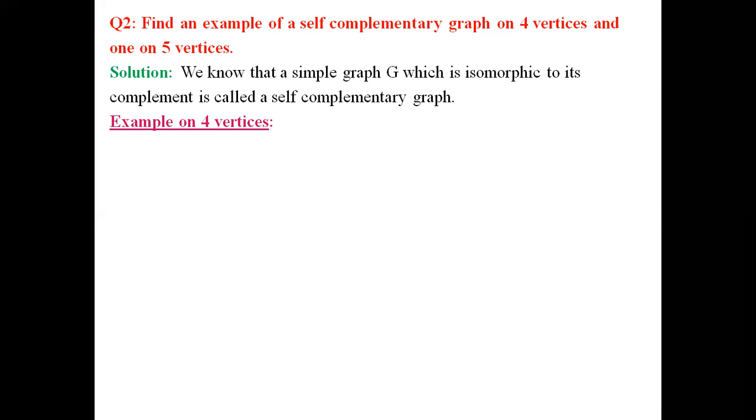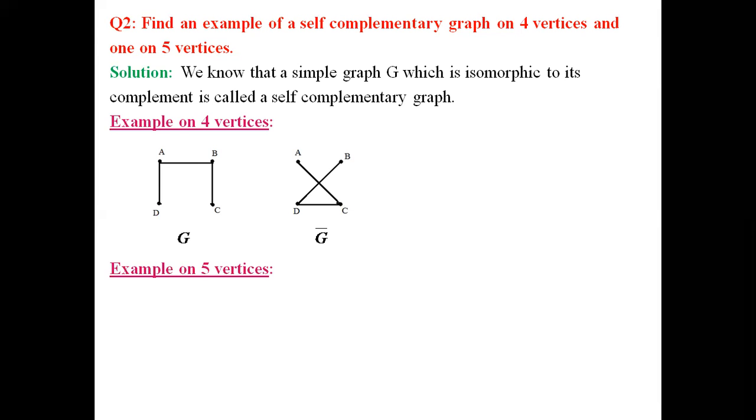We'll now draw an example on 4 vertices. We consider the 4 vertices as A, B, C, D. This is the graph G for us. And we draw its complement, G complement. This gives us the complement of the graph G. The edges which are missing in G should be drawn here in G complement.